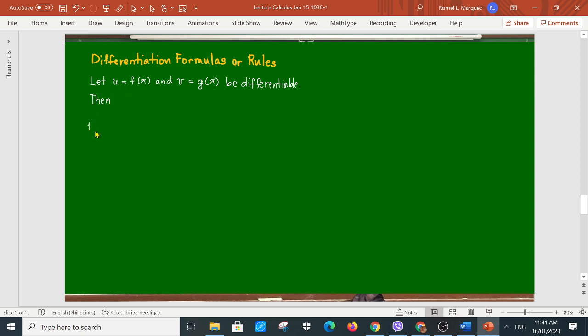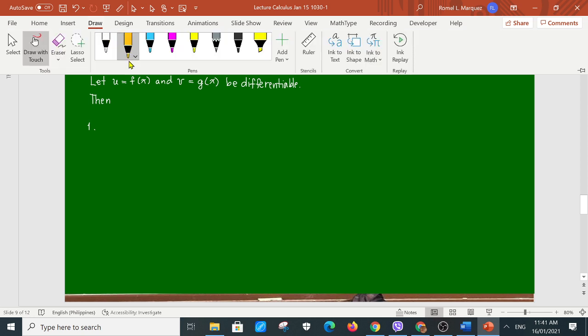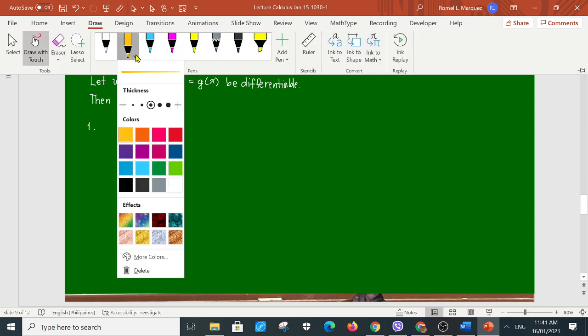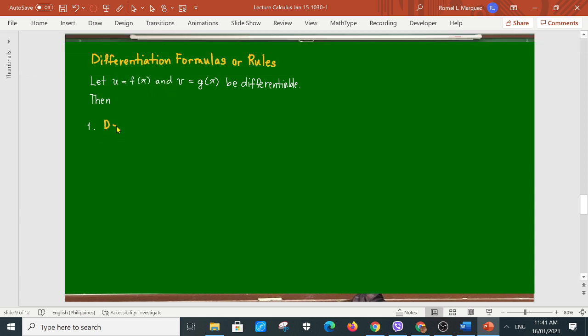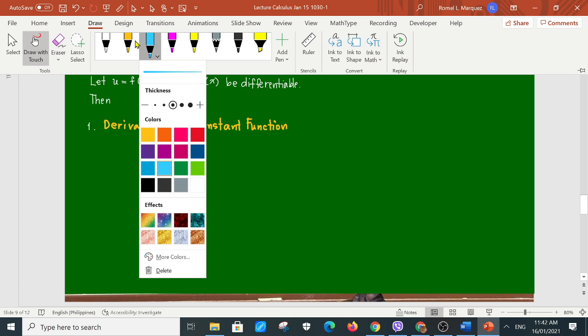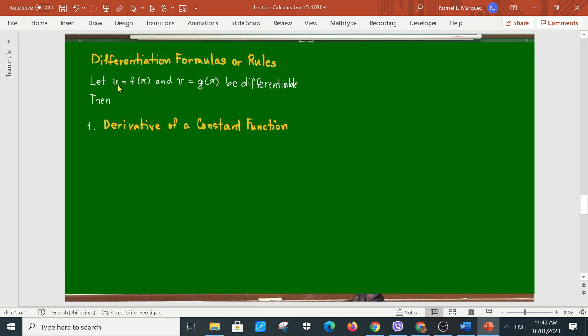Then we have the following formulas. Number one, derivative of a constant. If a function is constant, what's the formula for the derivative? Let's say u is my function and happens to be constant, let's say 3, negative 4, pi, and so on.